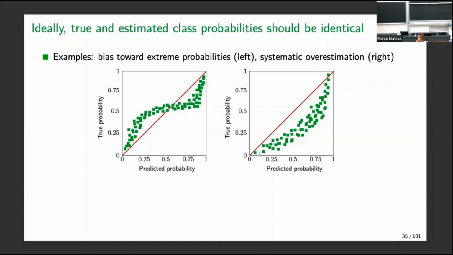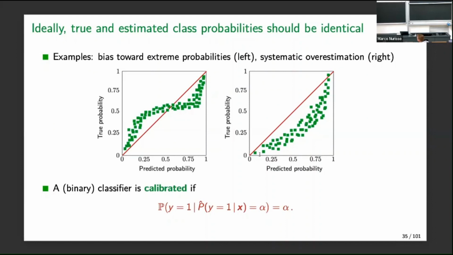So in the classification literature, they say that this model is not calibrated. So what's the mathematical or statistical definition of calibration? I have it here. I will have several of those definitions, also for multi-class classification. It's always important in those definitions to look at the condition.